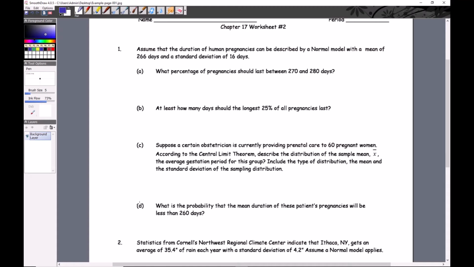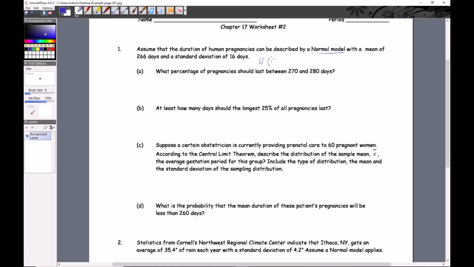So assume that the duration of human pregnancies can be described by a normal model. That's important, normal model. And it has a mean of 266 days and a standard deviation of 16. They did not mention sampling, so we can make the complete description.